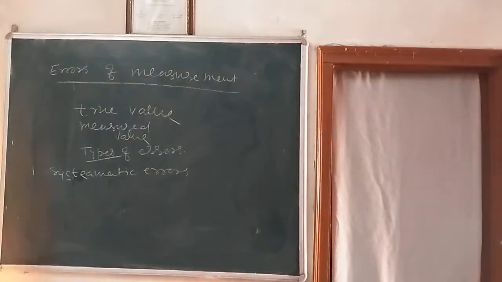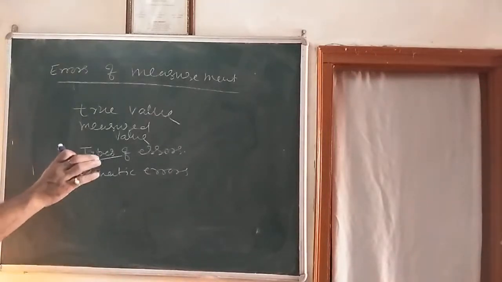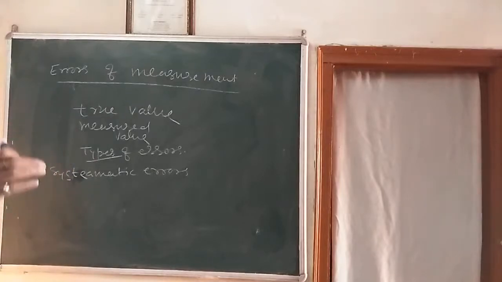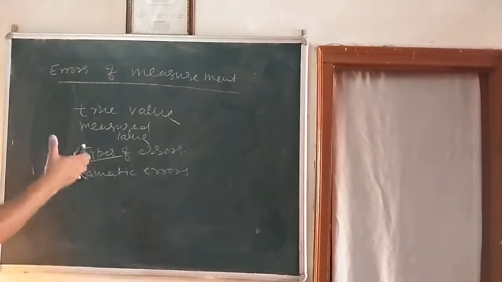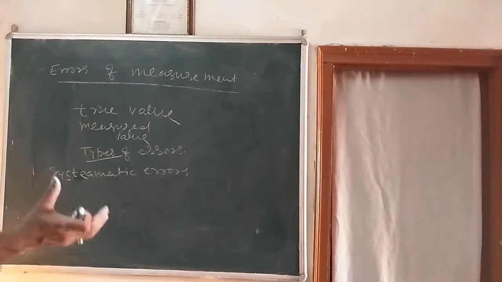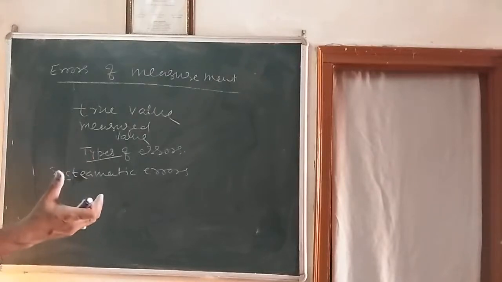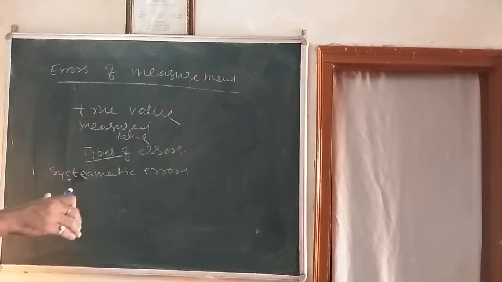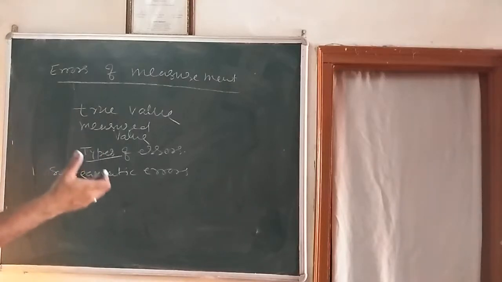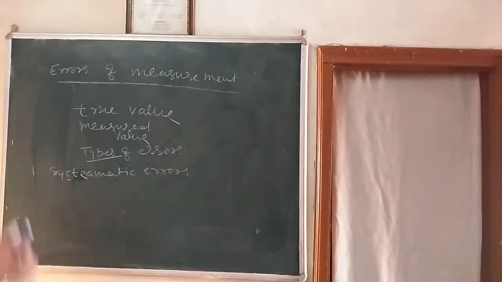Dear children, in a systematic error, this type of error can be an instrumental error, the error already present in the instrument, or the imperfection in experimental technique or procedure, or personal error, or errors due to external causes, or errors due to the least count. So these various types of error are called systematic error.